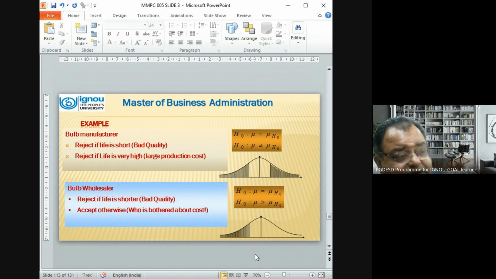See the difference between how the manufacturer thinks and how a wholesaler who is selling your product thinks. See the difference in both the graphs and both the conditions. And see one sign is used. In H naught, we have to use the equal to sign, and in H1, the alternate, we can use either greater than, less than, or not equal to.